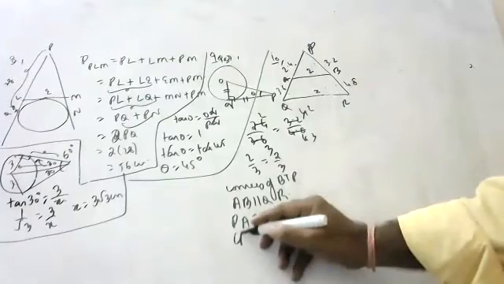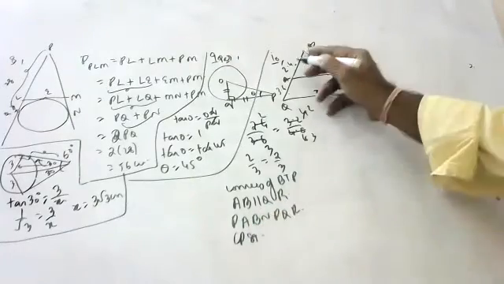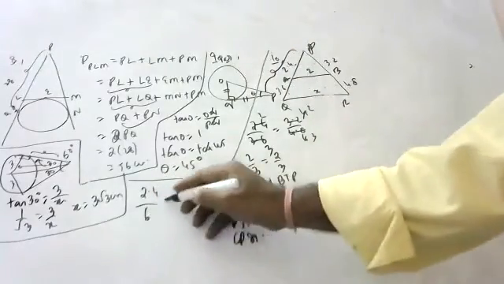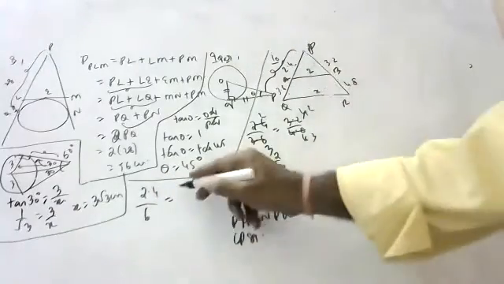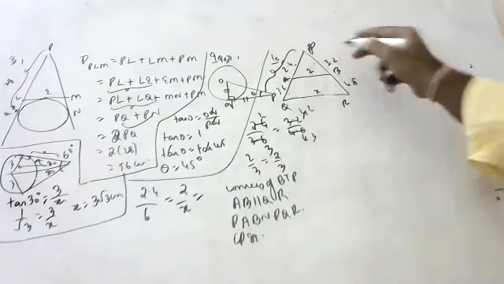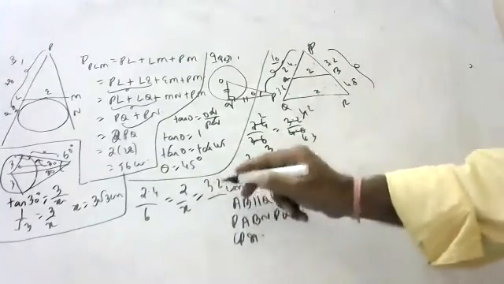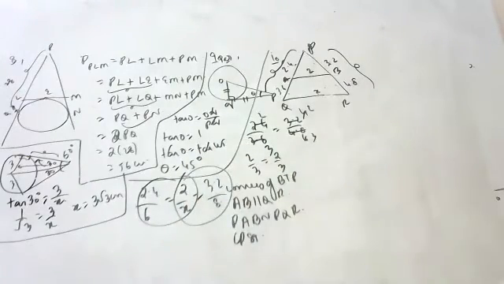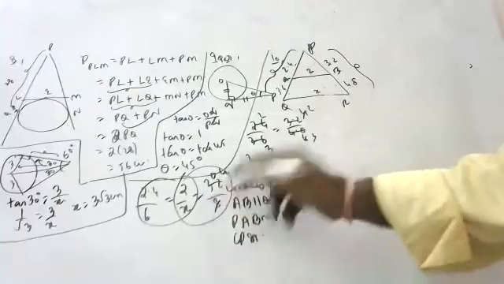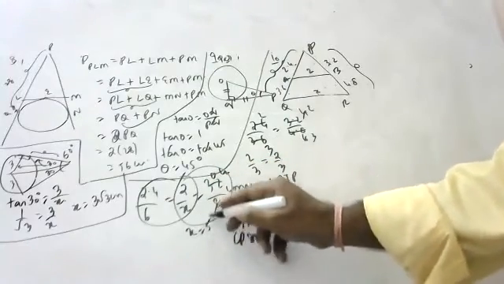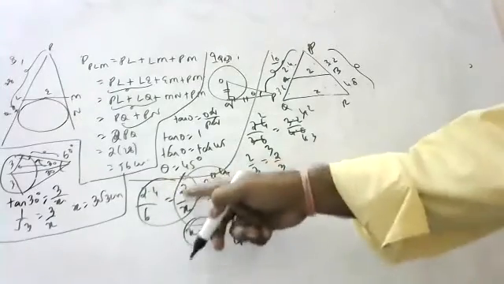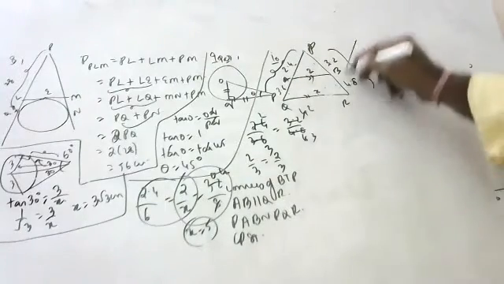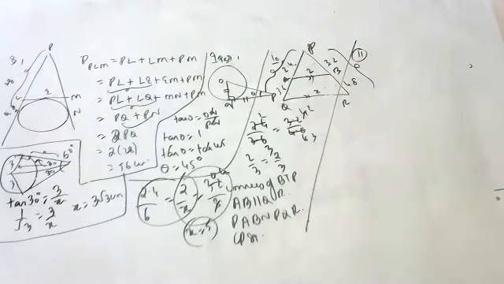By CPST, what can we write? 2.4 by the entire thing, which is 6, equals 2 by X. And this by the entire thing, 3.2 by 8. Either this we can do or this we can do. You will get the answer 5. Children, since this is parallel, the small triangle is similar to the big triangle. Next question.